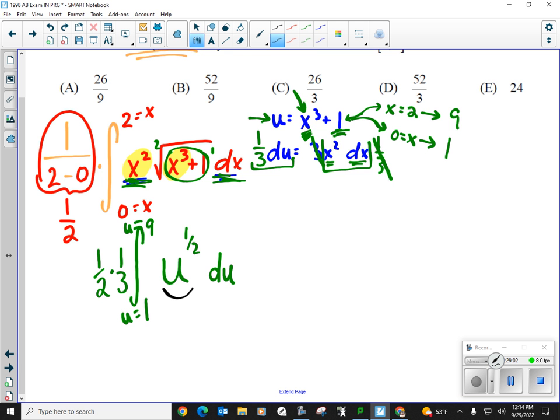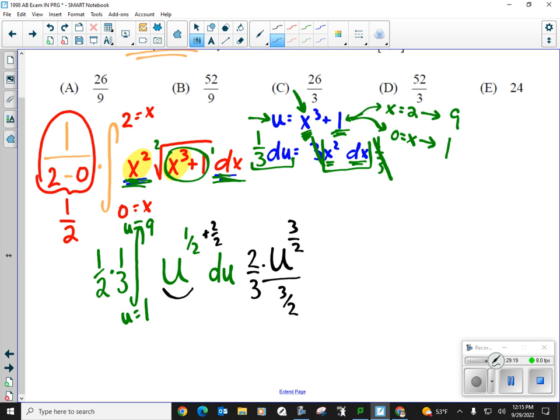For the integration, I add 1 to my exponent, so plus 2 over 2. That's 3/2. Then I divide by the 3/2. Dividing by 3/2 is the same as multiplying by 2/3.